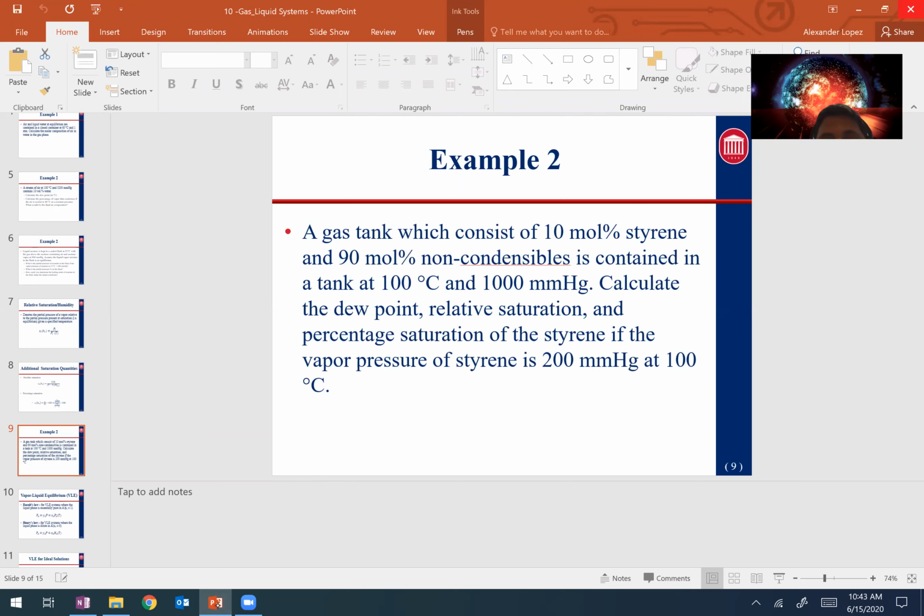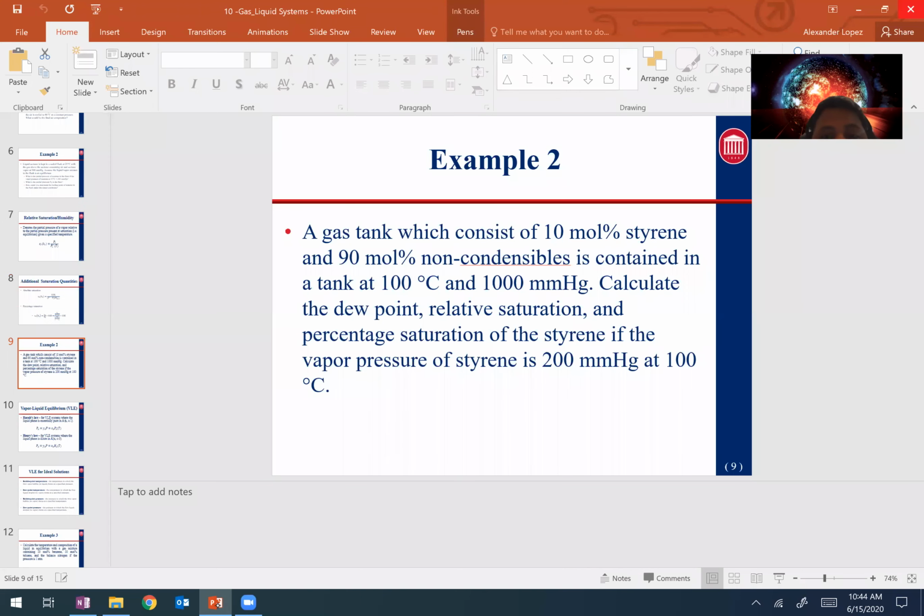Let's look at another example that we can see here. Oh, apparently I can't count. It's example 3. So we have a gas tank which has 10 mole percent styrene and 90 mole percent of hydrocarbons that won't condense. Maybe it's methane.